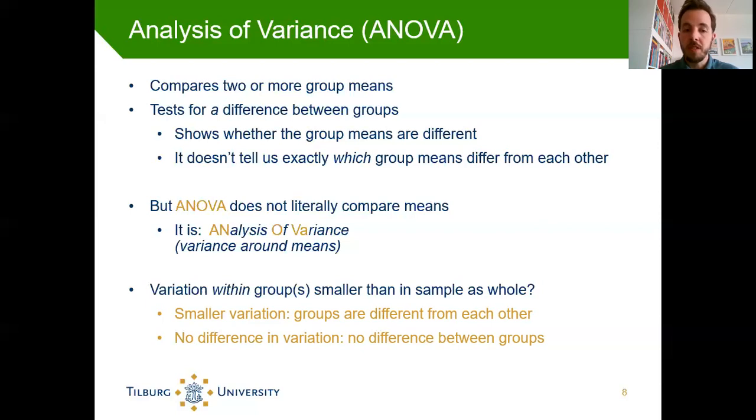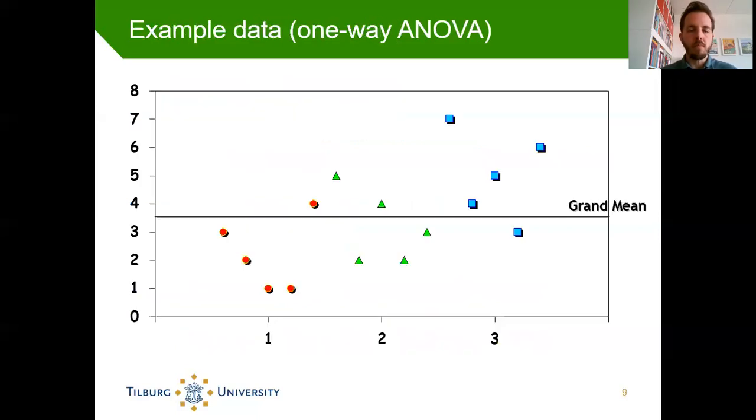If there's no such difference between the variation within groups compared to the variation in general in all your participants, then there is no significant effect in your analysis. This is quite conceptual, right? You can read more about this in the book, but let me also try to explain this a little bit better by using some illustrations so that you get a better grasp of what this actually means.